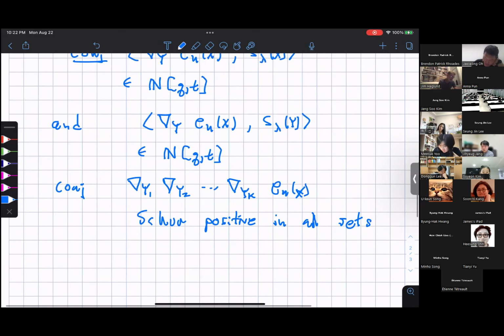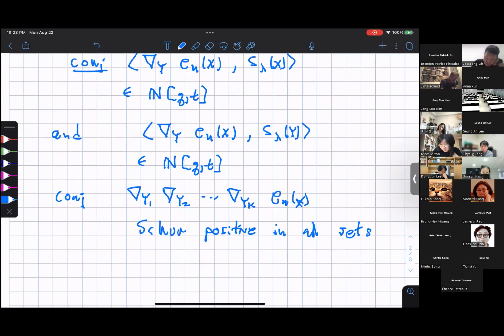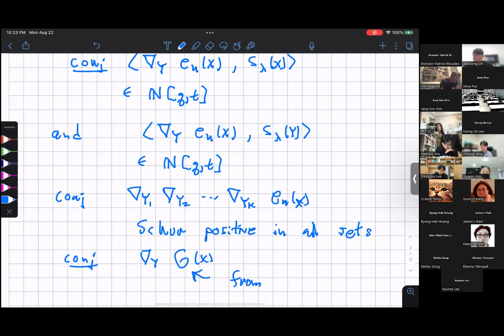And throw in another thing here, keeping the last talk in mind: Francois, who's done a lot of programming with Sage, a lot of work with the elliptic Hall algebra, has tested that you can take Nabla y applied to some g of x from the elliptic Hall algebra.